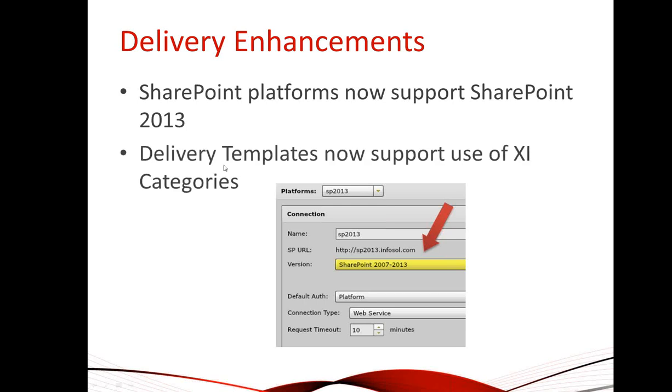And then the delivery template has been enhanced to include support for the use of XI categories. That means that when you create the template, you can select a BO platform, and then from that platform select what categories will ultimately be assigned to documents that are delivered to that platform using the template. Just a minor enhancement there.